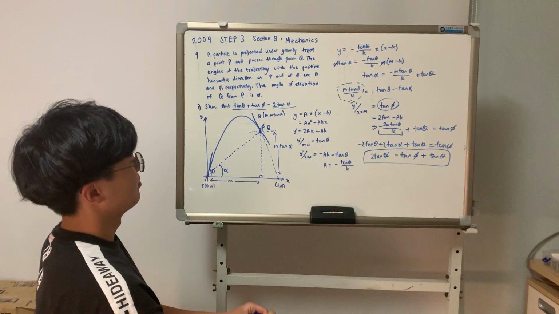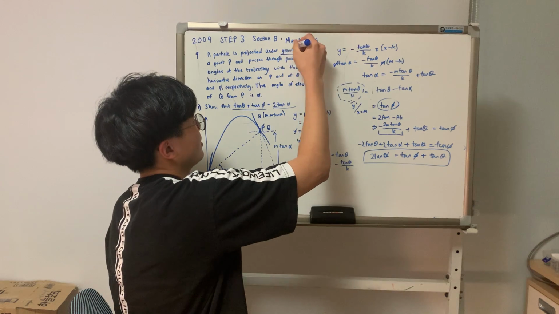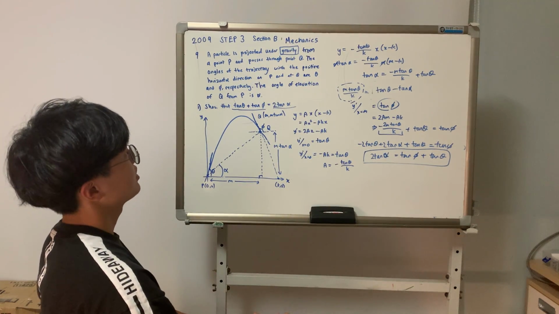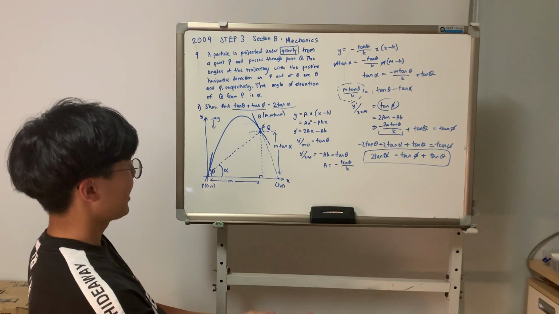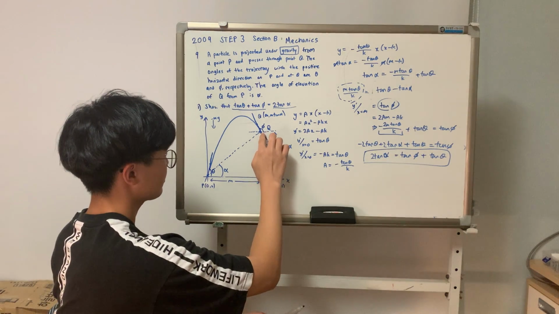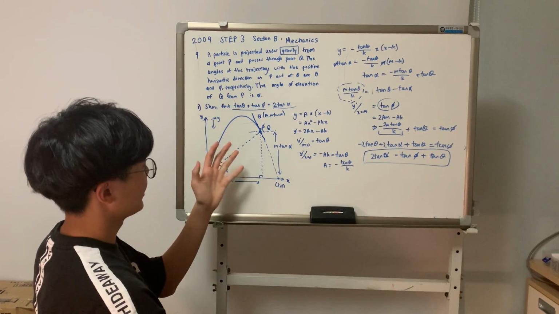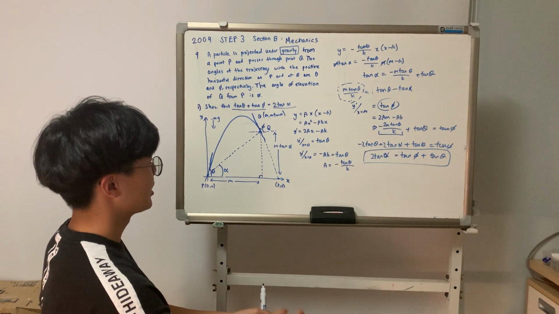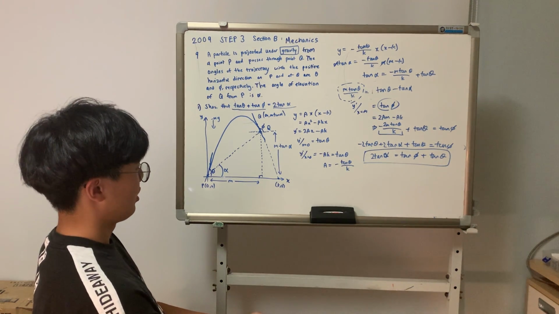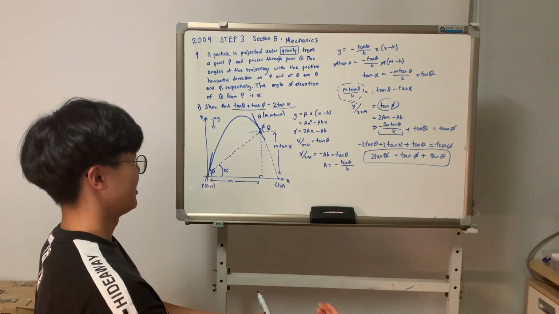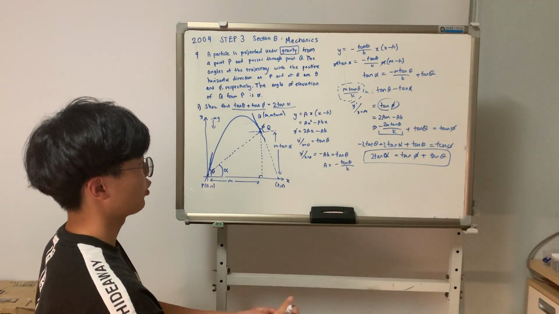And notice here that although the question did mention that the particle is always under the effect of gravity, so minus mg, what I thought was that defining the equation of the system in terms of mass, in terms of gravity, is just going to be unnecessary more work, because all we have to know is that the projectile of the particle will be in the form of a quadratic equation.